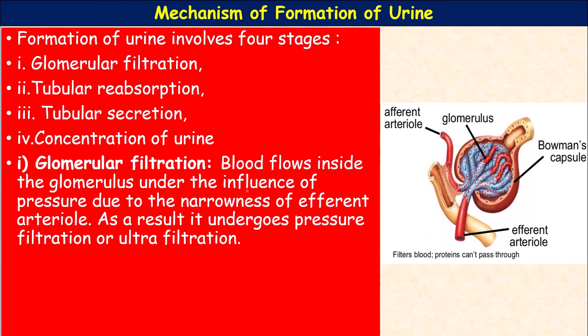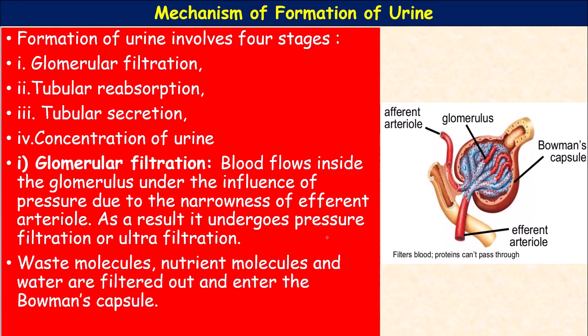What is glomerular filtration? The blood flows into the glomerulus under the influence of pressure due to the narrowness of the efferent arteriole. As a result it undergoes pressure filtration, it is called, or ultrafiltration.